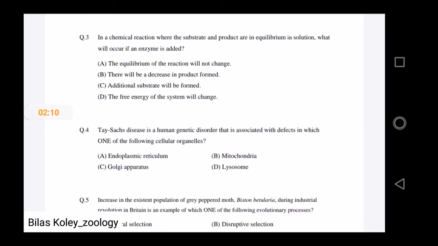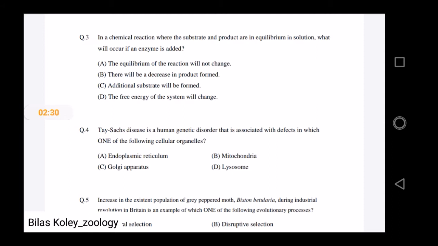Now we will discuss question number 3. In a chemical reaction where the substrate and product are in equilibrium in solution, what will occur if an enzyme is added?